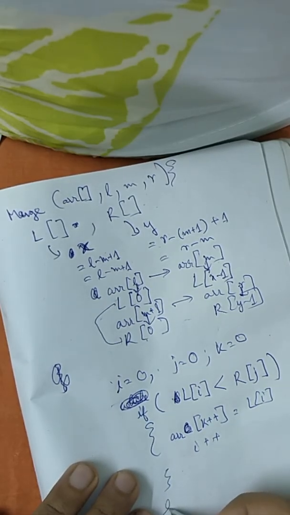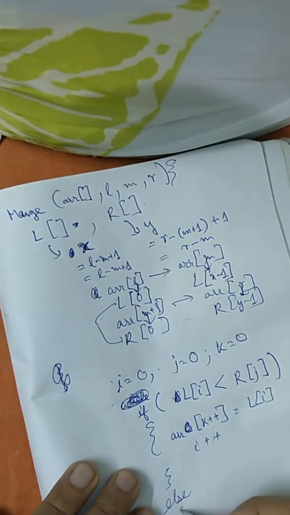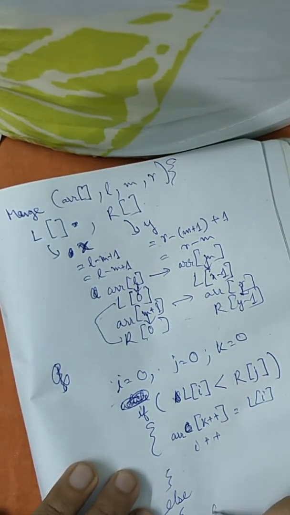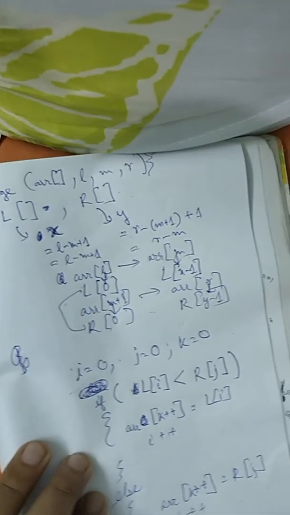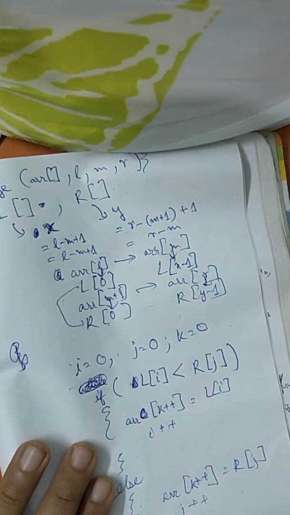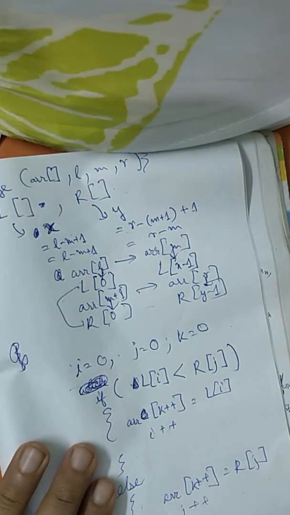Okay, else ARR k plus plus equals R of j, and we do a j plus plus. Either case k is getting plus plus. Okay, so basically start copying.